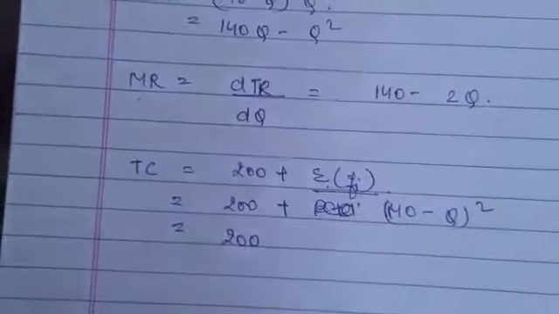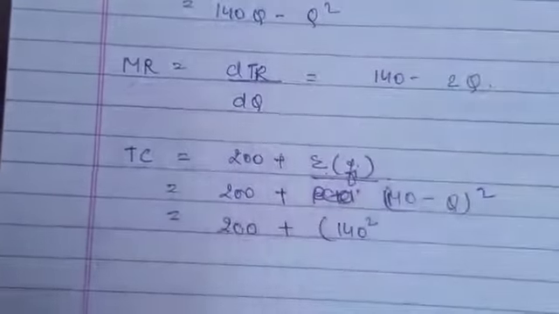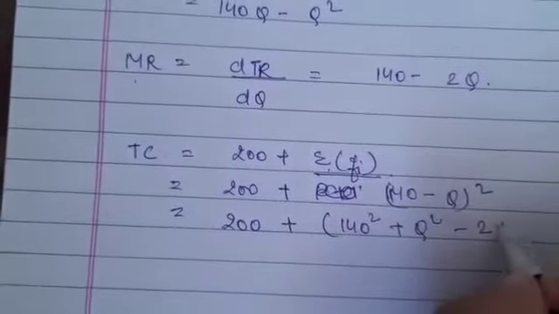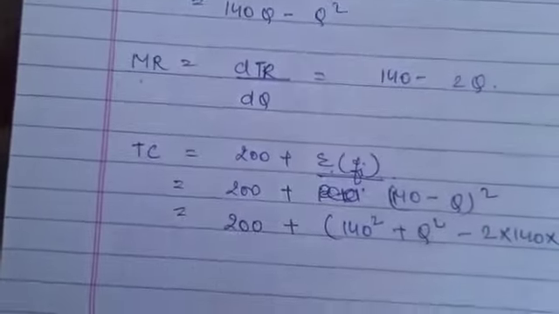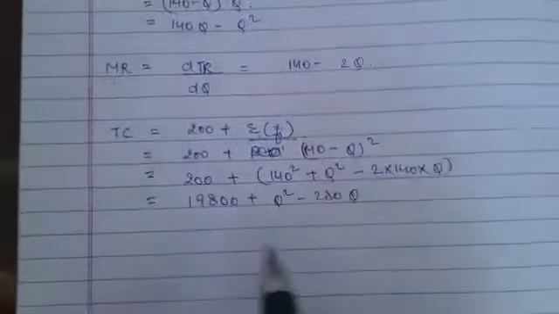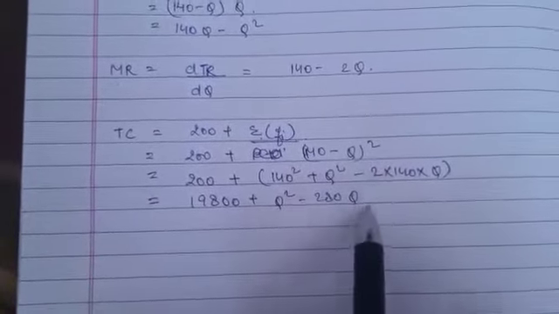So 200 plus 140 square plus Q square minus 2 into 140 into Q. When we solve it, we will get 19,800 plus Q square minus 280Q.